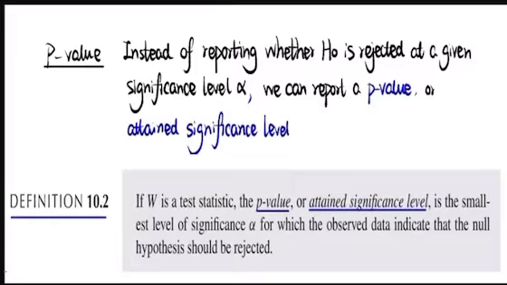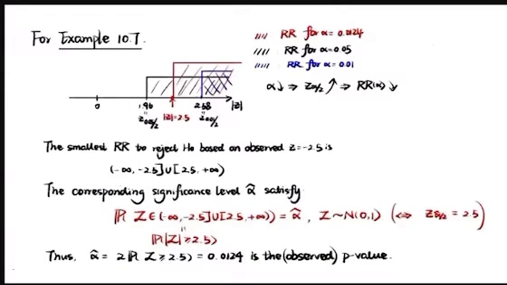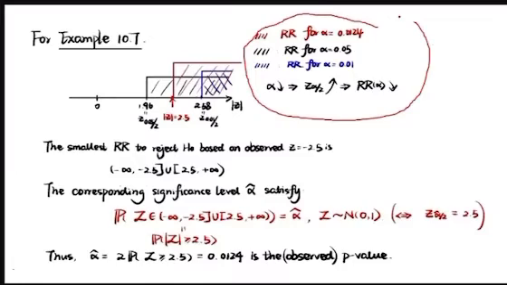Now, I actually want to walk you through how we compute p-value. If you take a look at that graphical representation, when alpha equals this, we can get different values for the critical score.